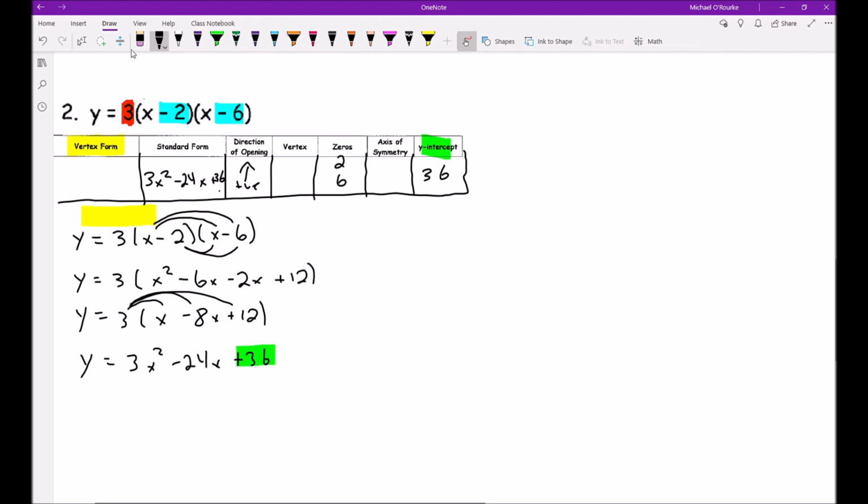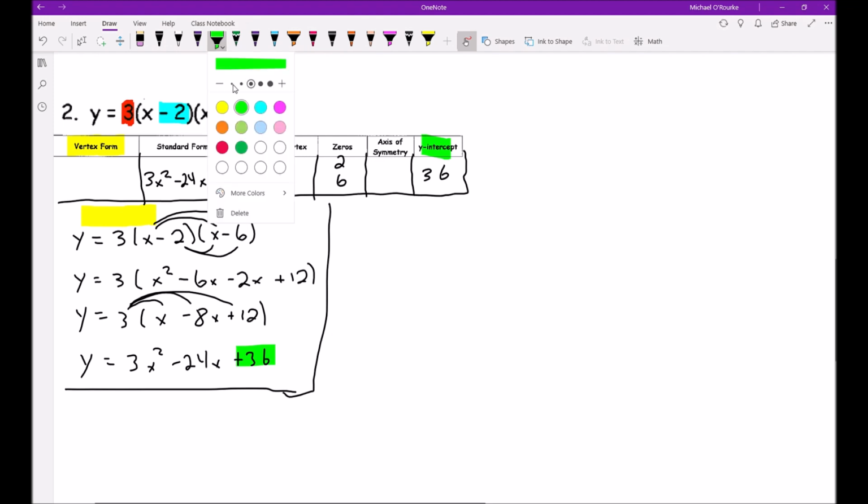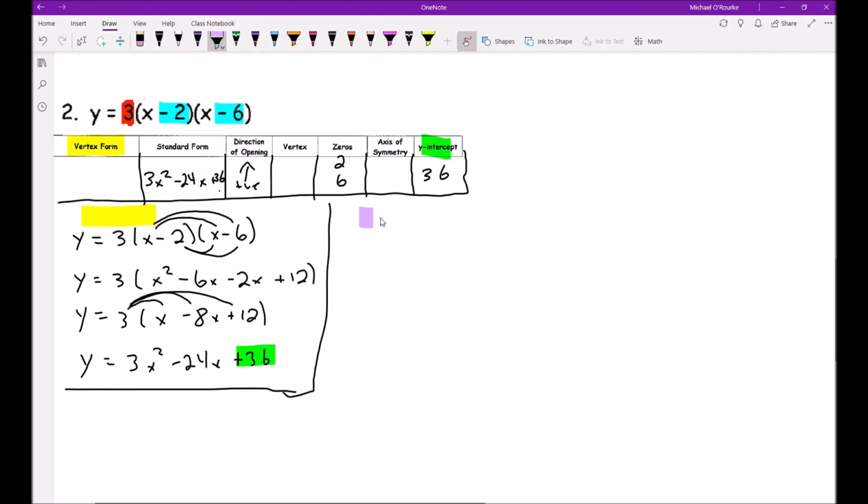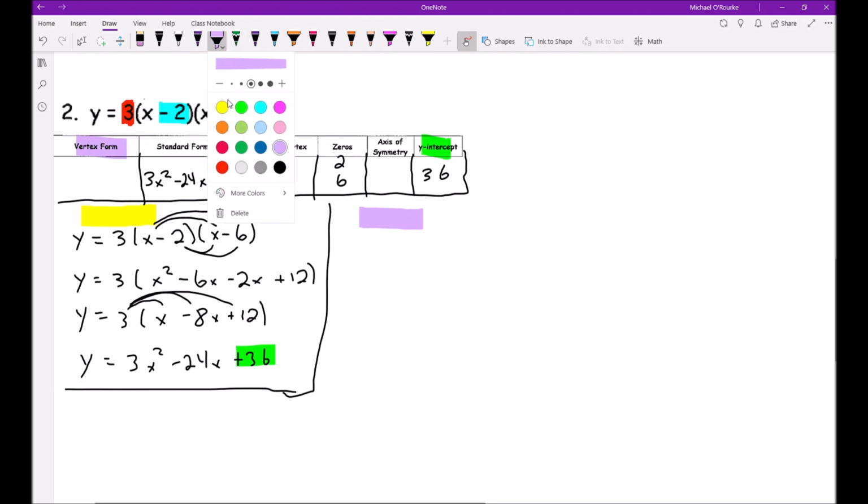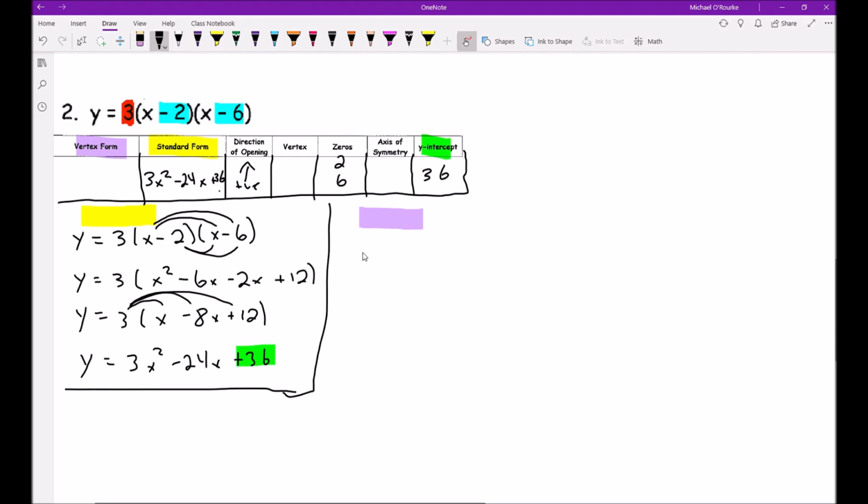Now, I go to, what color should I make this one? Oops. I put that in the wrong place, didn't I? There we go. Now we're going to go to 3x squared minus 24x plus 36.